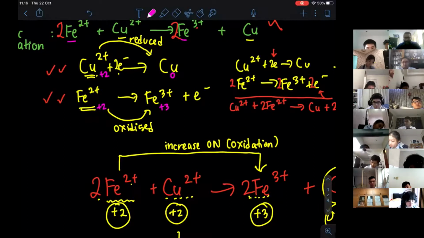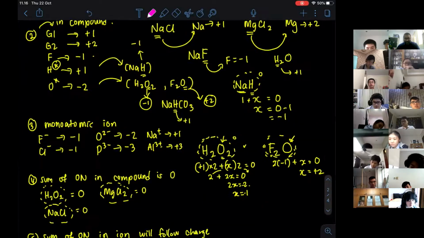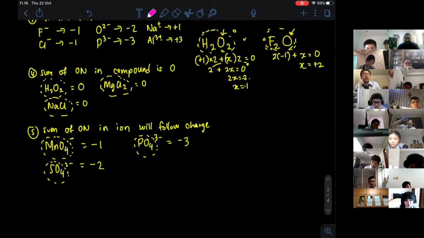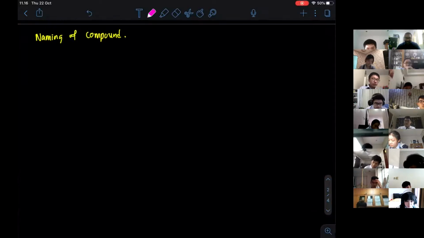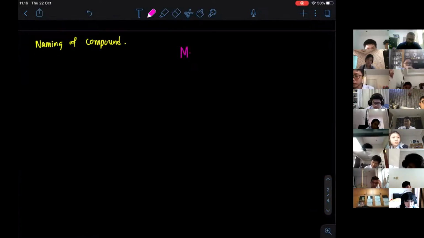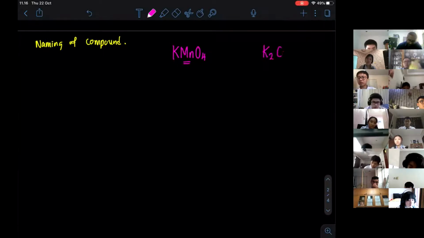Now let's try some calculations using this method. Let's say I want to calculate the oxidation number of Mn in KMnO4, and I also want to calculate the oxidation number of chromium in potassium dichromate.